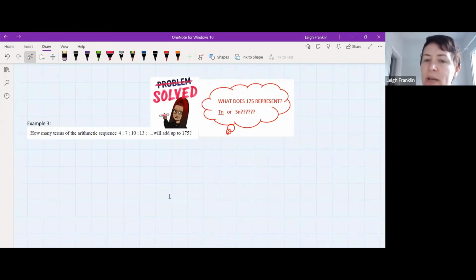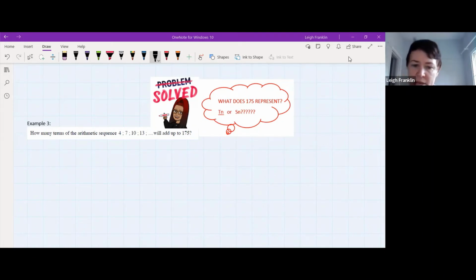What does this 175 represent? Is it a Tn, a term in the pattern, or is it the sum of the series? What do you guys think? Anybody want to tell us?